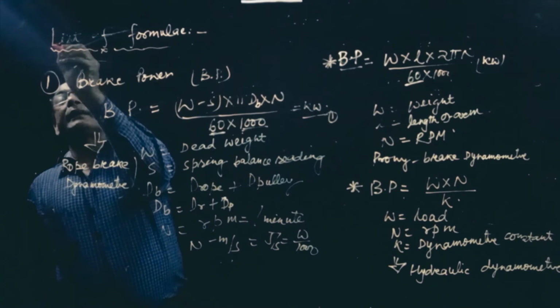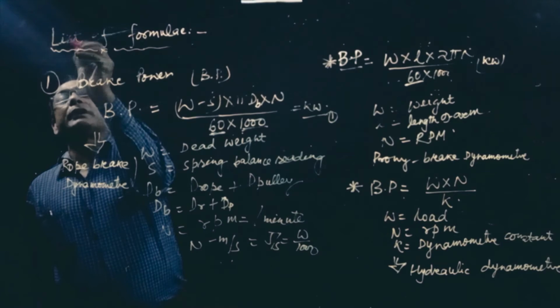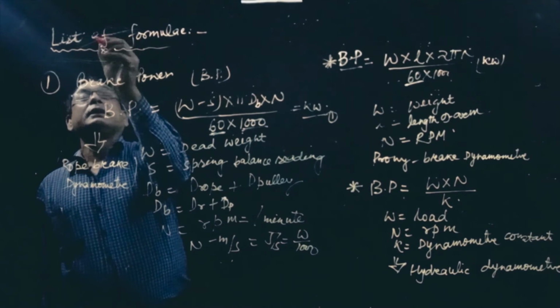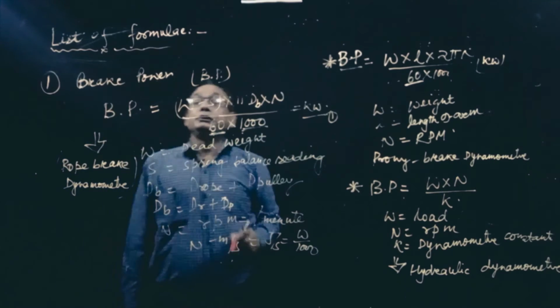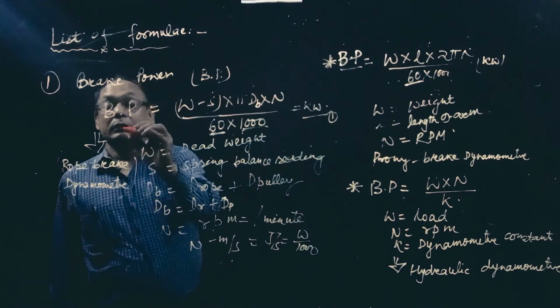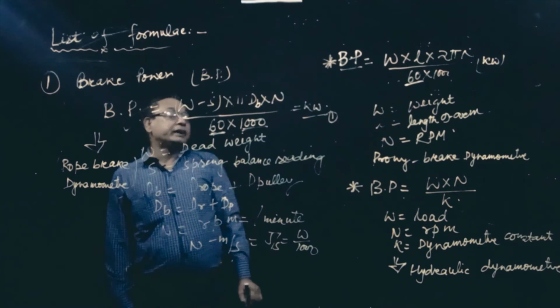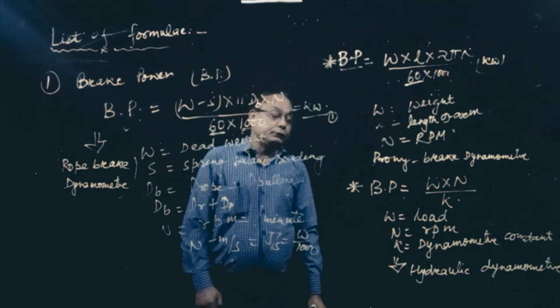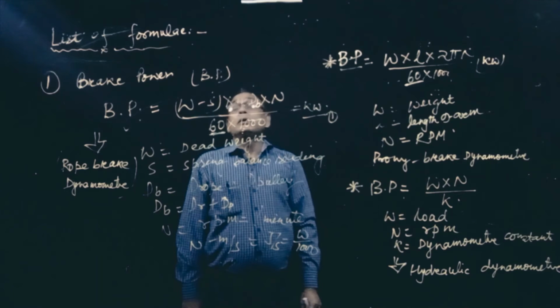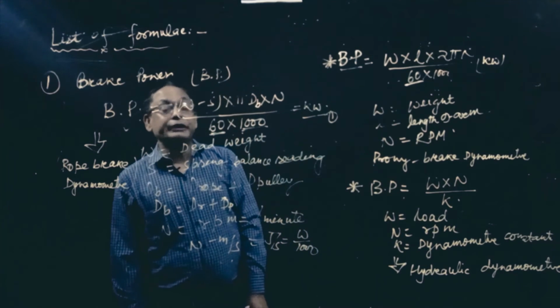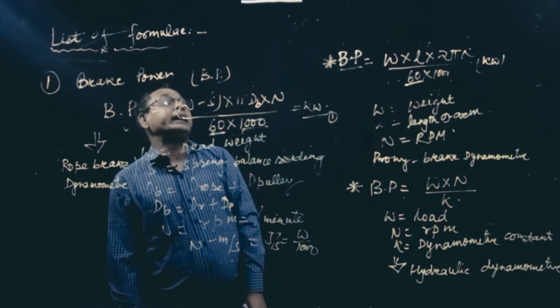That is why I have given three formulae, because you never know what data may be given in your question. So sometimes you have to use the rope brake dynamometer, sometimes the Prony brake dynamometer, sometimes the hydraulic dynamometer. So to find out brake power by different dynamometers, different formulae are there.